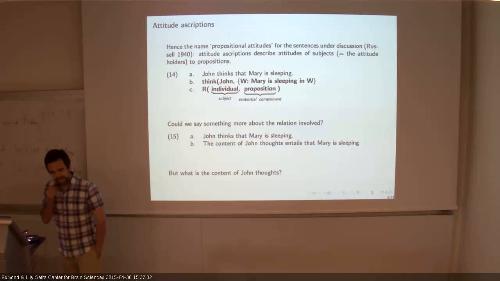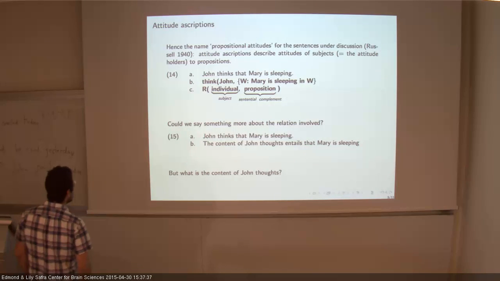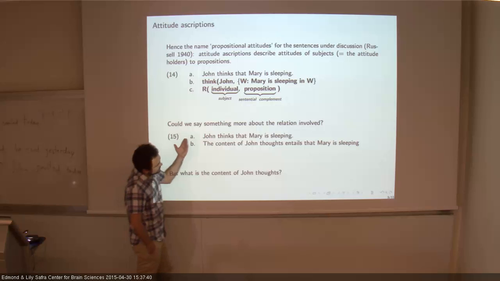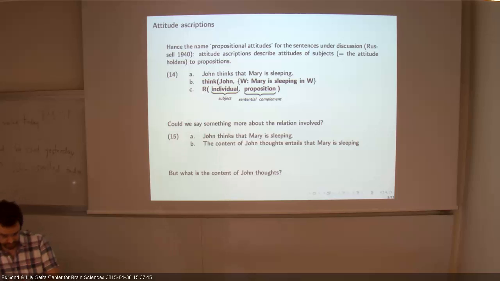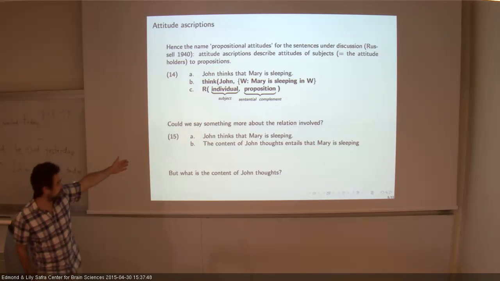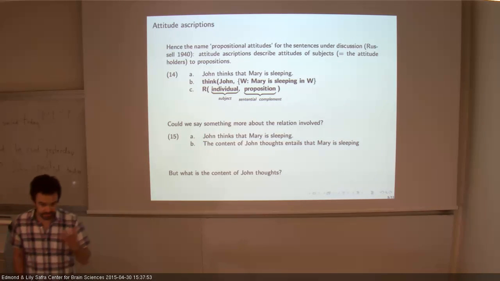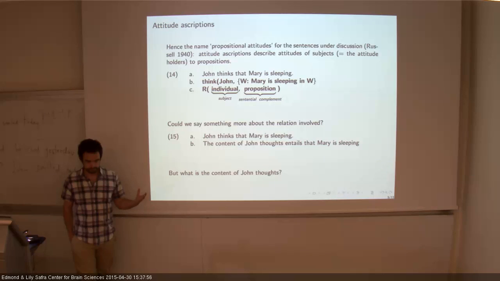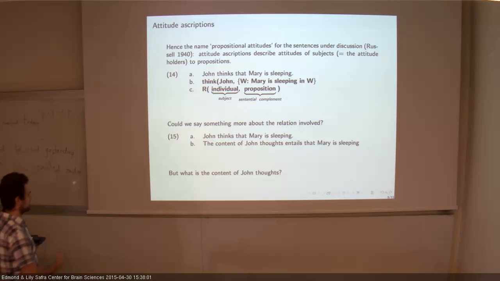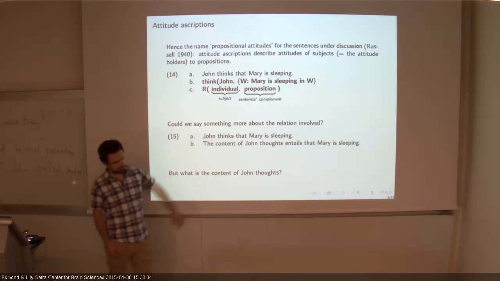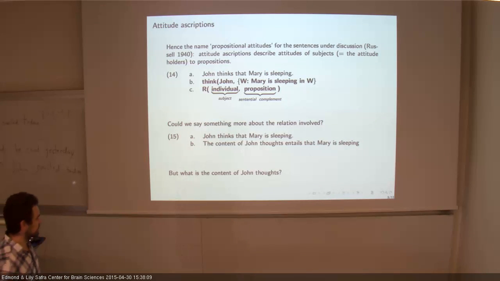The way we're going to get at this more proper characterization of the think relation is to build on the intuition that the sentence "John thinks that Mary is sleeping" simply conveys the content given here in 15b, namely the content of John's thoughts is such that it entails that Mary is sleeping. And of course, his behavior is going to then be as if she's sleeping. But the main thing is that what he thinks is such that it entails that Mary is sleeping.